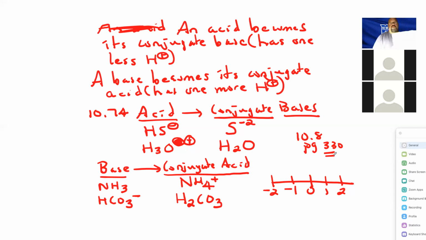Let's see if it'll come through clear. Yeah, that's what happens with the virtual screen. But that's where I have it. Some books might have it a little bit differently. You want to try to use the 13th edition. I believe the ebook is exactly the same as the hard-covered version. So you would find it on page 330, 10.8. And then the rest of the problems are found throughout the chapter. So they're not on one specific page.